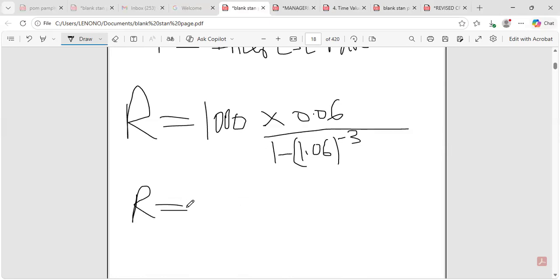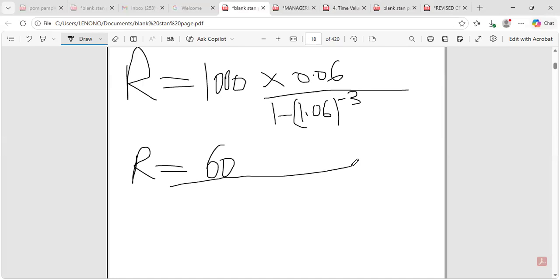So our repayment gives us what? 1000 times 0.06 is 60, over 1 minus 1.06 to the power -3, which is 0.16038.